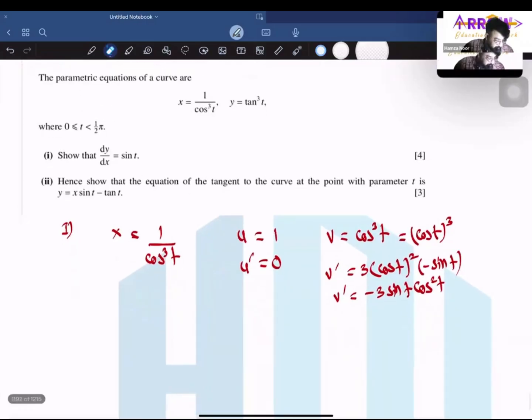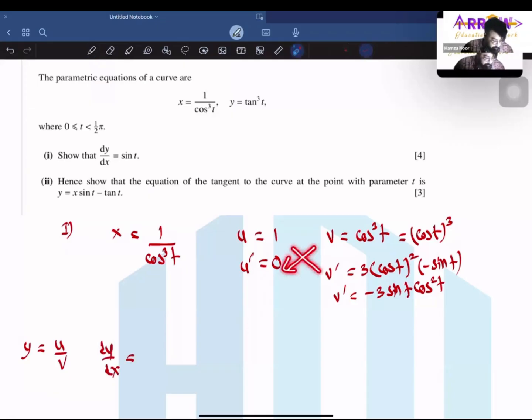Since we are dealing with the quotient rule, when y equals u over v, dy over dx equals vu dash minus uv dash, completely divided by v square. The quotient rule formula is vu dash minus uv dash completely divided by v square.